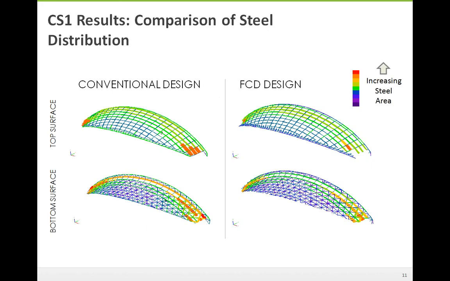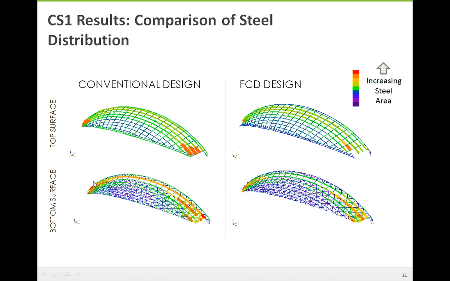So, of course, it's natural to want to understand where these savings come from. Here is a rendering of where the steel is in the structure, both in the conventional design and in the optimized FCD design. I'm going to try to explain a little bit about the design principles.